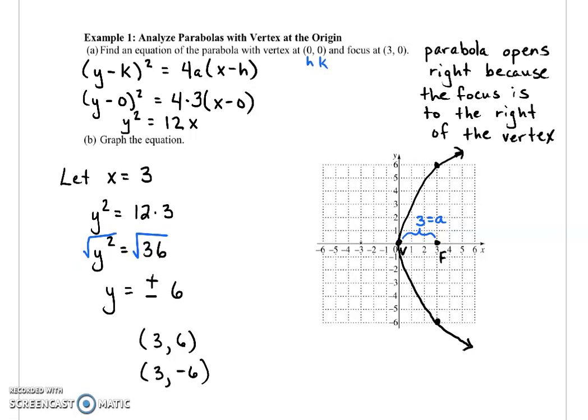So 1, 2, 3, my directrix goes right down through here. So that's the directrix. And I draw them dashed, but you could draw them solid if you want. And that is the line x equals -3 because it's vertical.